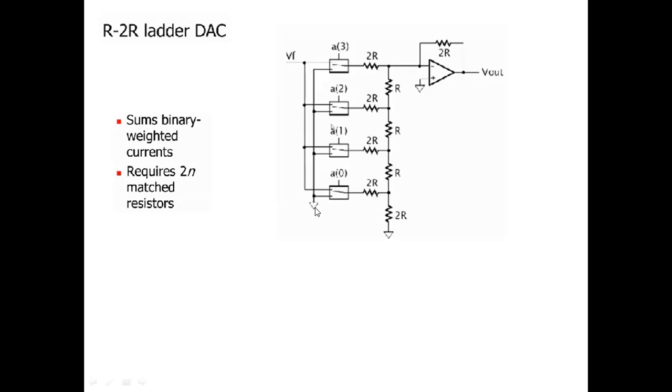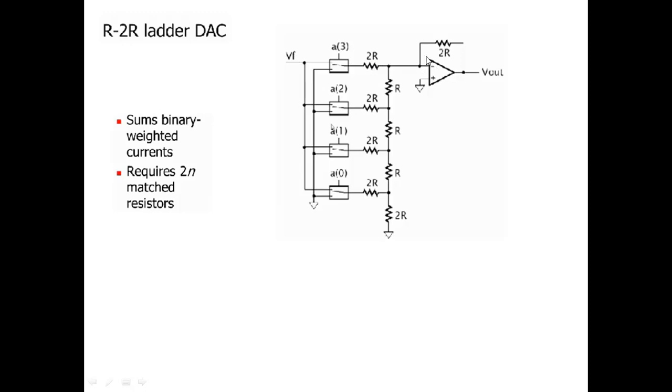ground connection. So if EF0, EF1, EF2 and EF3 are all ones, then for all these 2R resistors you can have the flow of current from the VF. The voltage drop across the complete R2R ladder comes into the picture, and this is applied to the inverting terminal here.